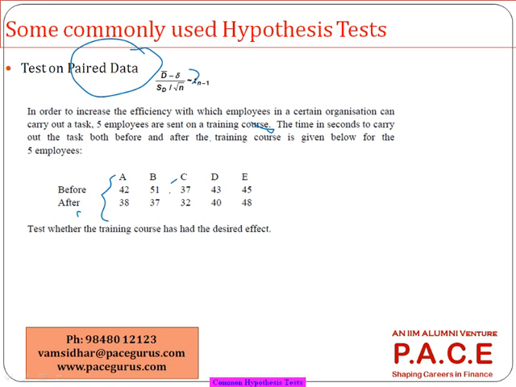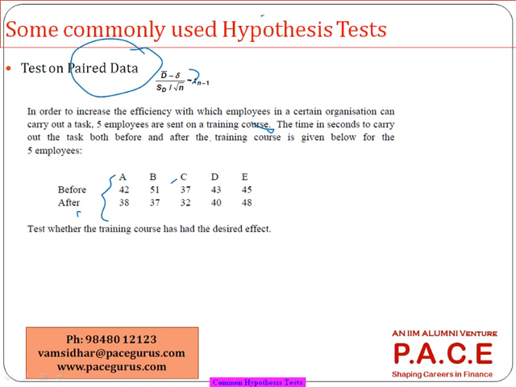Other examples are male and female as a pair, a person and his spouse. They cannot be looked at as two independent sets of data. If I choose a male, the female is not random; she is a pair associated with that male. Whenever we have data like that, we call it paired sample data.